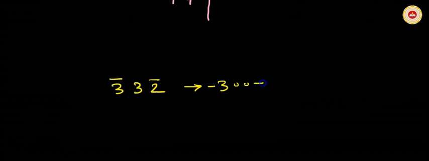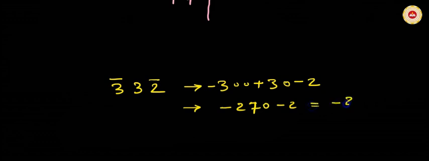What is value of this middle 3? 30, because it is tens place digit. And what is value of this 2? Minus 2, units place digit. Now let us add these three numbers. Minus 300 plus 30 is minus 270. Minus 2 is minus 272.